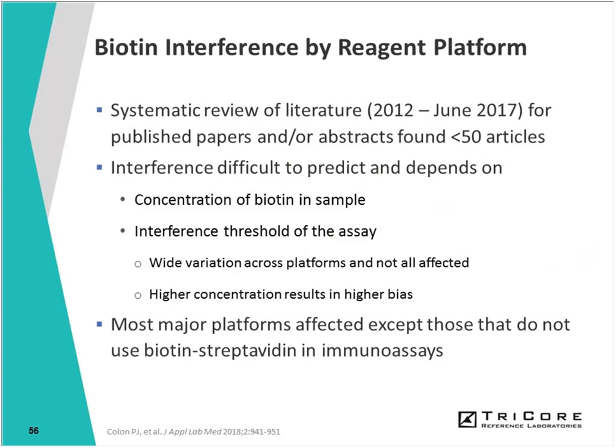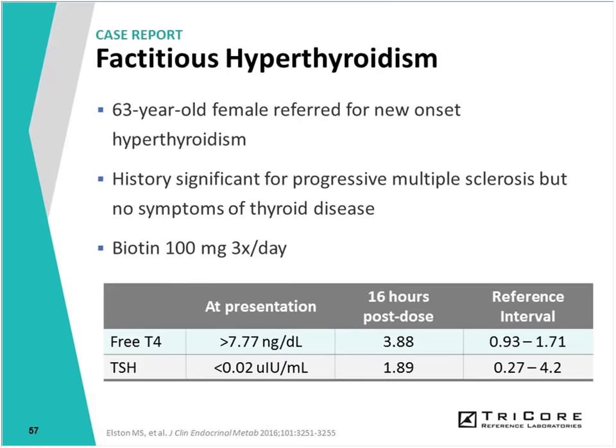That said, higher biotin concentrations tend to produce greater amounts of bias. Now, most major immunoassay reagent platforms are susceptible to biotin interference, the exception being those that do not use biotin streptavidin in their immunoassay design.